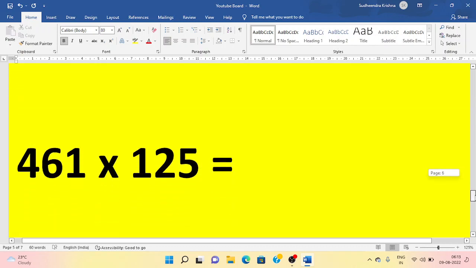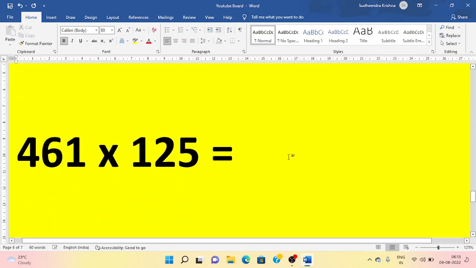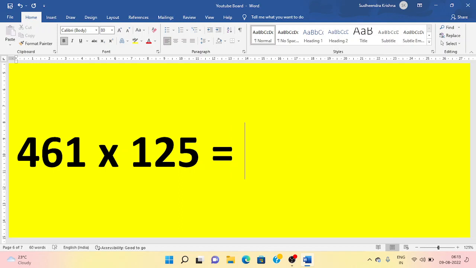Now let us take another 3-digit number. 461 into 125. First divide 461 by 8. 8 5s are 40, and then 60 remains. 7 8s are 56. So after dividing 461 by 8, you are getting 57 as the quotient and 5 as the remainder.